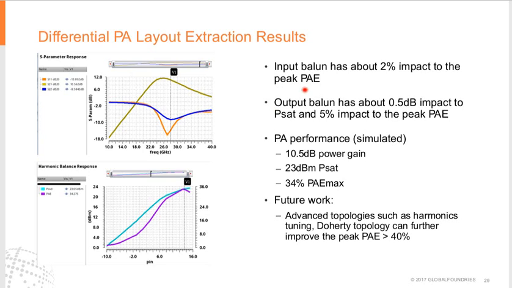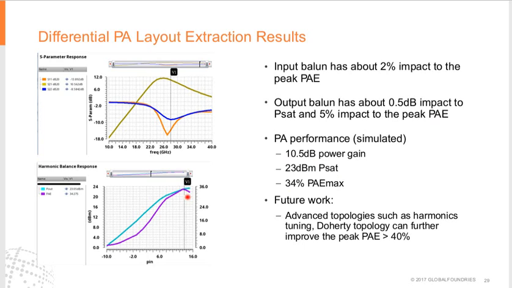The output balun has more effect, and we see about 0.5 dB loss impact to the PSAT and 5% PAE drop from the peak PAE. For the final PA simulation, we can see that the power gain is 10.5 dB, the PSAT is 23 dBm, and the maximum PAE is 44%.